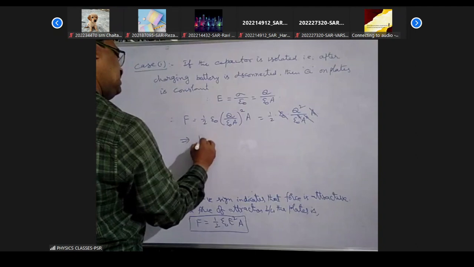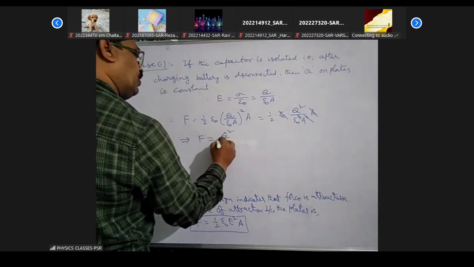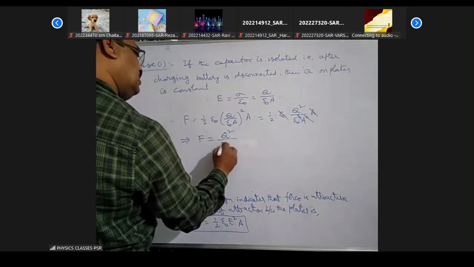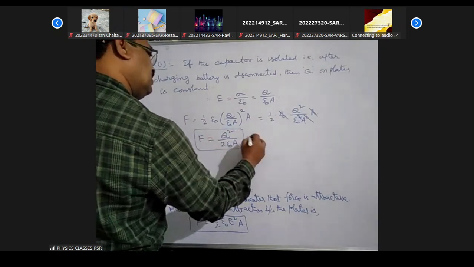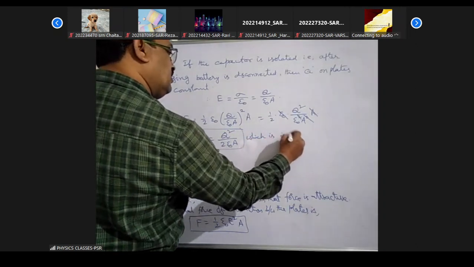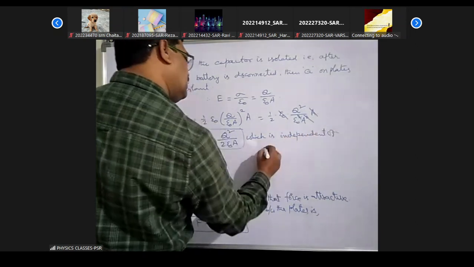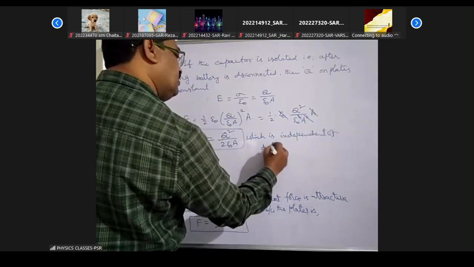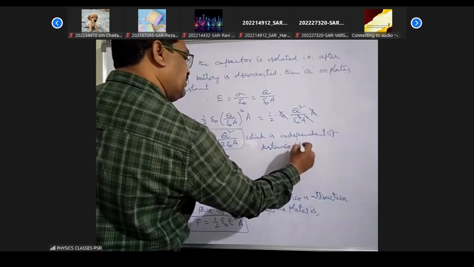This implies F is equal to Q square by 2 epsilon naught A, which is independent of distance between the plates.